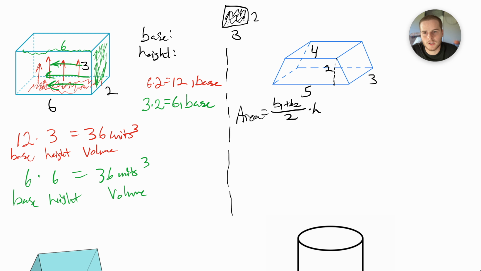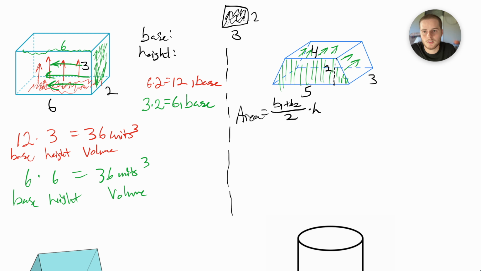So before we even work on this, let's kind of demonstrate what we're going for here. We're going to find the area of this trapezoid to start with. And to fill up this entire prism, we have to multiply in this direction to fill it up.